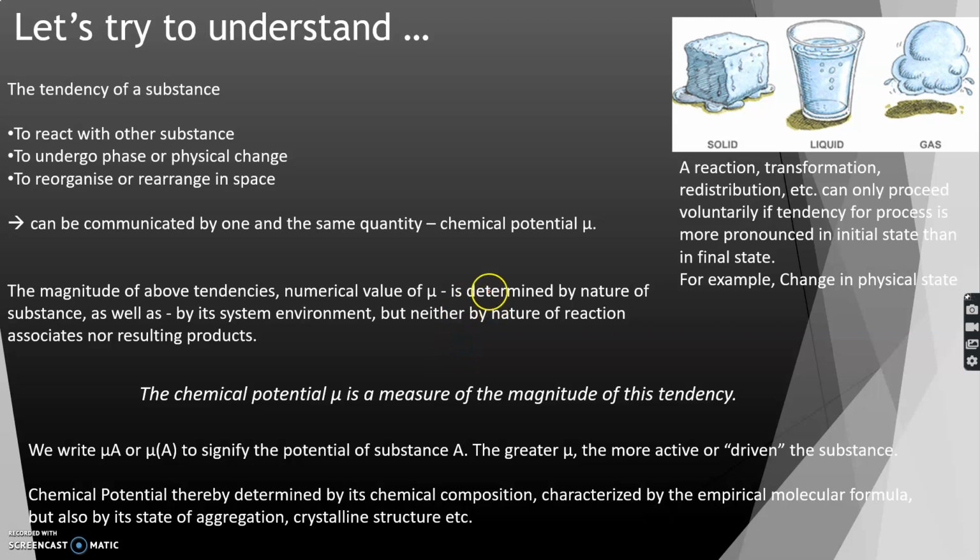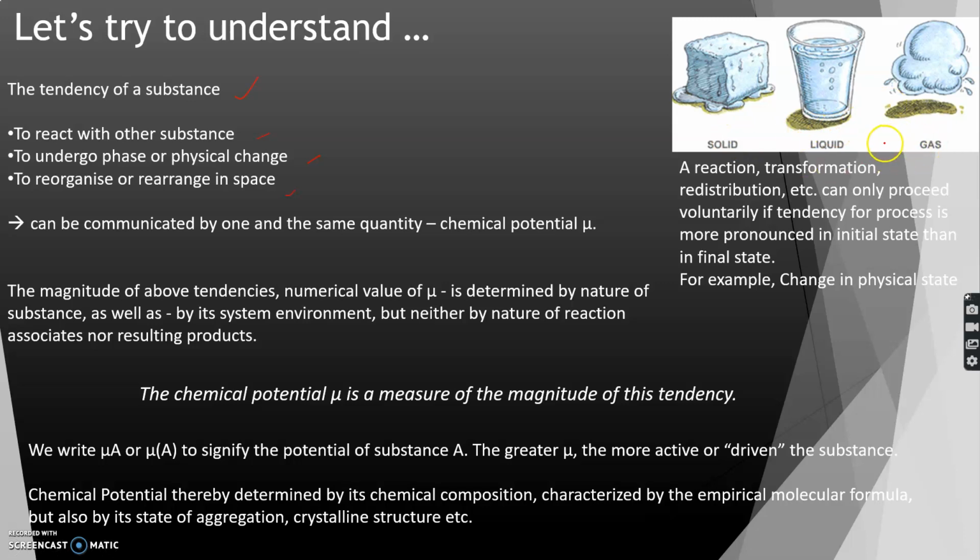Let us try to understand. Suppose there is a substance. That substance has a tendency to react with other substances, or to undergo physical change or phase change, or to reorganize and rearrange in space. How much this substance has a tendency to do these things can be expressed in terms of chemical potential. So, if the numerical value of mu is high, then the magnitude of undergoing such changes is high. It is determined by the nature of the substance as well as its system environment. Suppose there is a transformation from solid to liquid to gas.